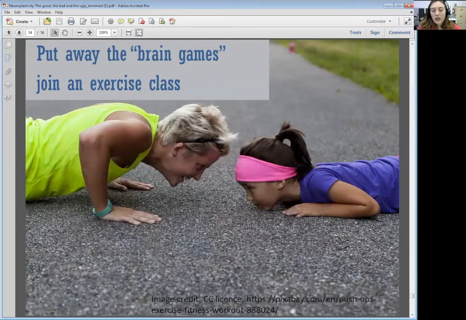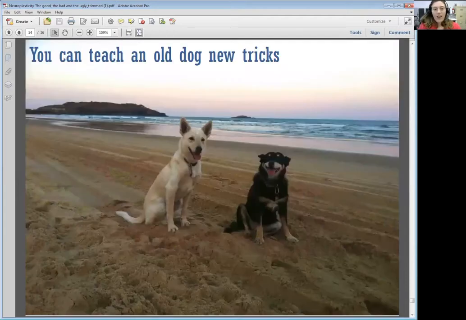So certainly if you're learning something new, you can then follow that up by doing some exercise, and that will help promote the neuroplasticity with the new activity that you're learning. And importantly, remember that neuroplasticity carries on throughout your entire lifespan. So you certainly can teach an old dog new tricks.